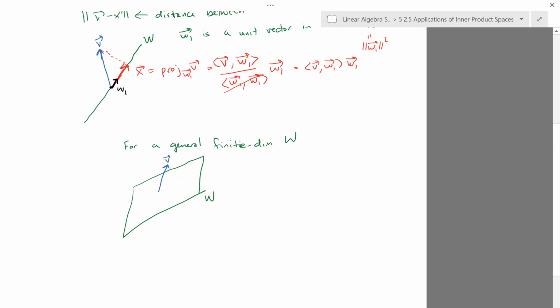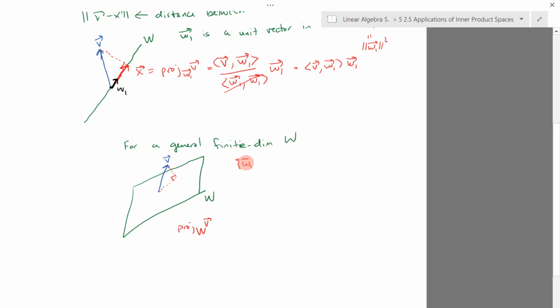But that just happens to be what's now called the vector projection onto the subspace. Right, so we want to project V onto a subspace. And so now, instead of just a single vector, we have to take an orthonormal basis for a subspace, right?